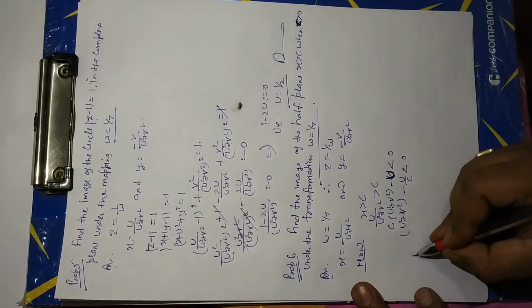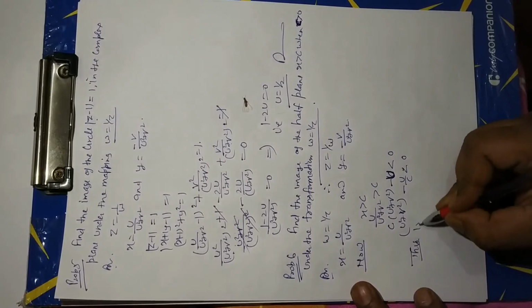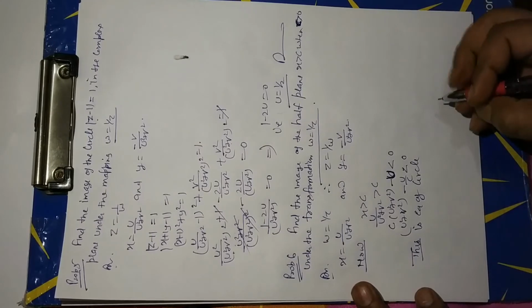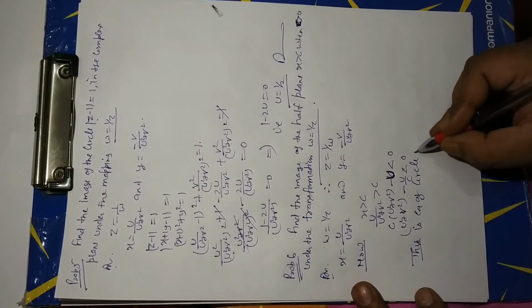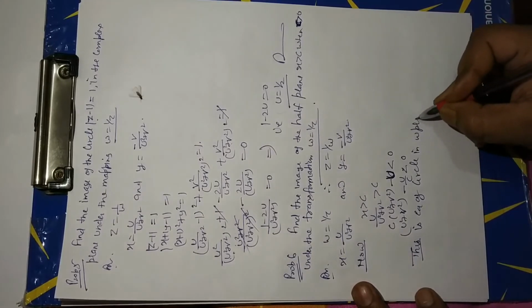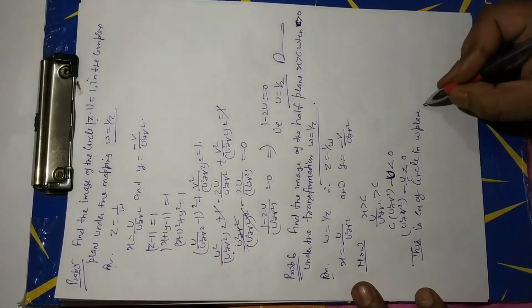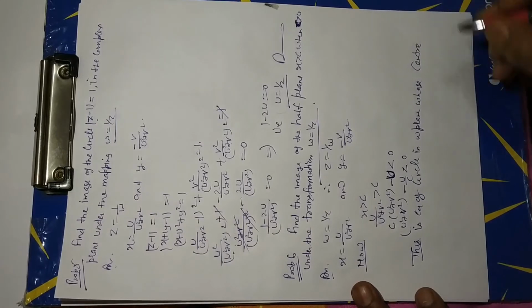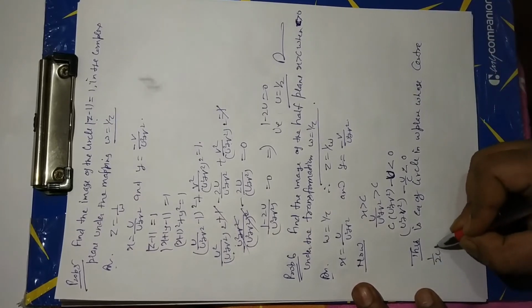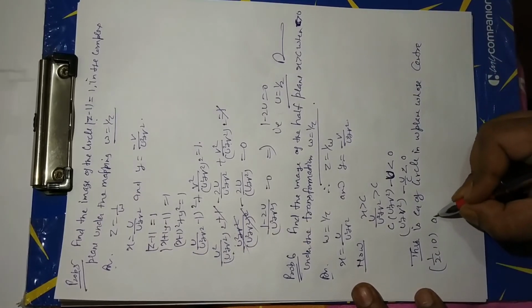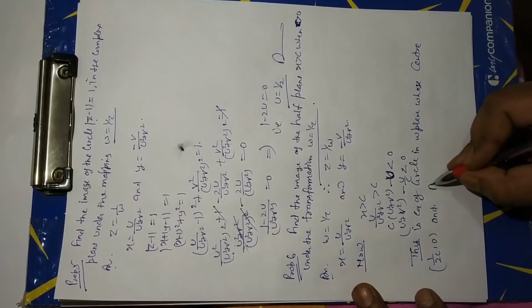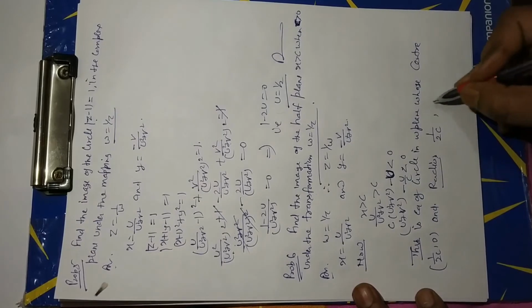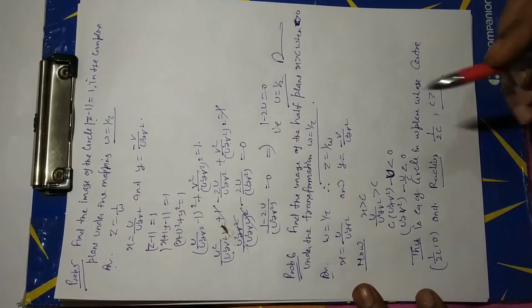This is the equation of a circle in the w plane whose center is (1/2c, 0) and radius 1/2c, with c > 0.